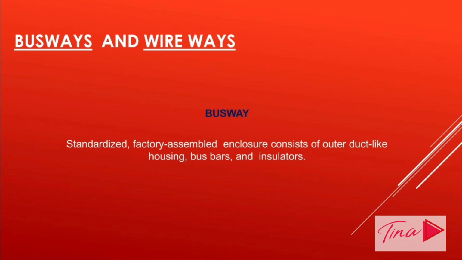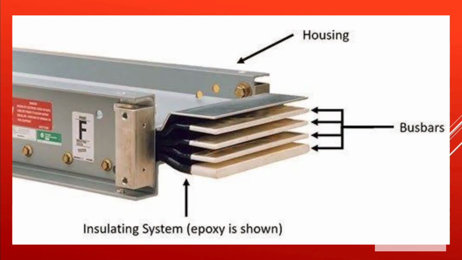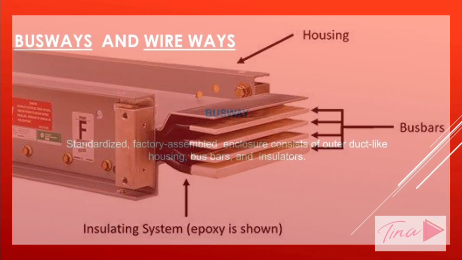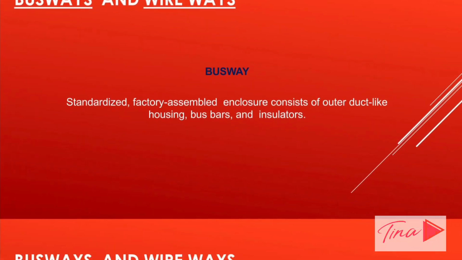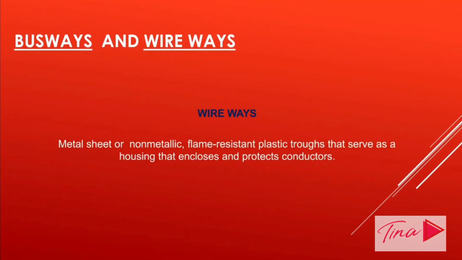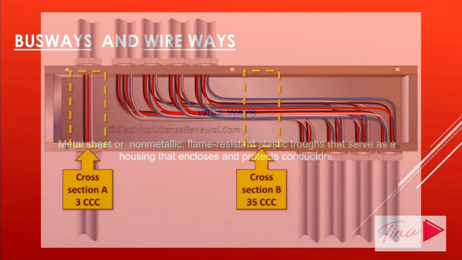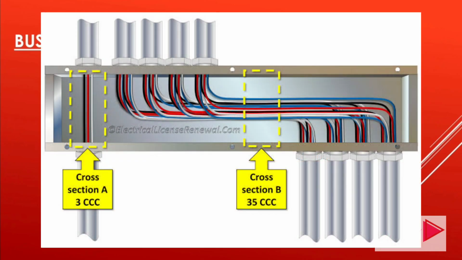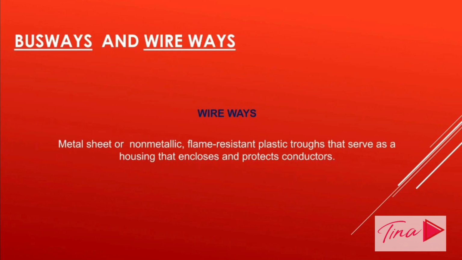When we say busway, it is a standardized factory-assembled enclosure consisting of an outer duct-like housing, bus bars, and insulators. And when you say wireways, or wire gutters, these are metal sheet or non-metallic, flame-resistant plastic troughs that serve as a housing that encloses and protects conductors.